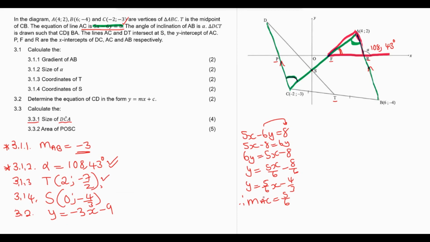Now we have the gradient of AC, so it means we can find the angle of inclination here. Tan theta is equal to the gradient of AC, which is 5 over 6. Theta is equal to arctan 5 over 6, and then we get that theta is equal to 39.81 degrees, rounded off to 2 decimal places.